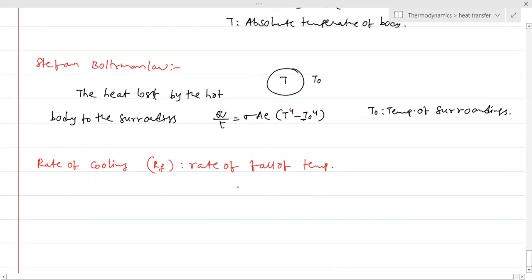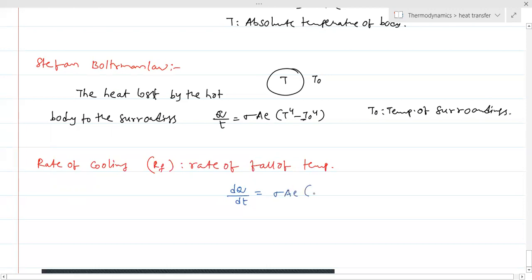According to the discussion, dQ by dt equals sigma A into T power 4 minus T naught power 4.